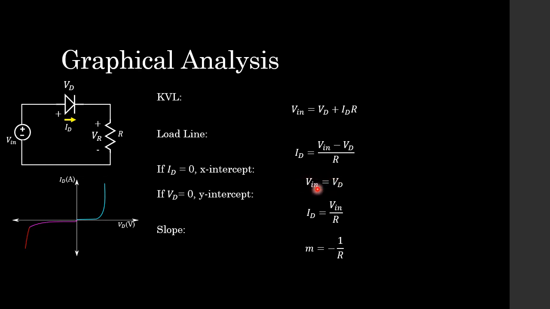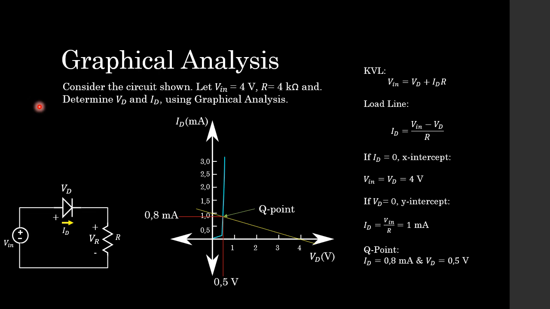That gives us our x-intercept. If we set our diode voltage Vd equal to 0, we can then calculate our y-intercept, which gives us the current: the input voltage divided by our resistor. And of course, the slope of this graph is -1/R. So let's actually plot this through a demonstration.